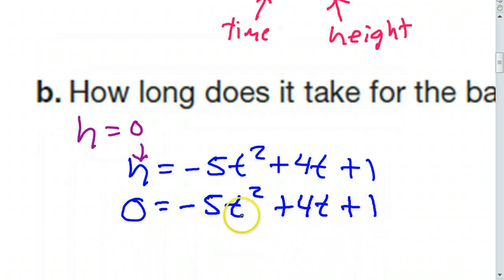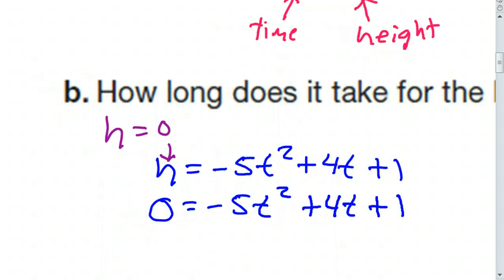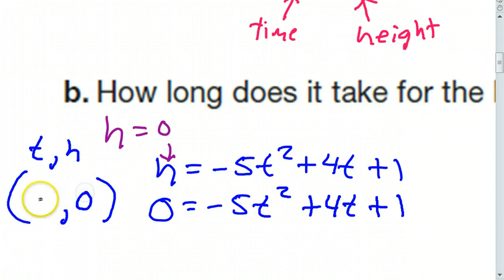If I can solve this equation, I'll be finding the time where the height is 0, because I just let the height be 0. You know how we're always doing time comma height. We already know that the height is 0. We're going to find the time that goes with it by solving this equation.